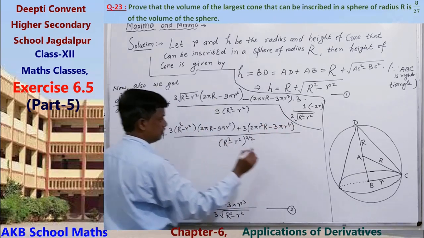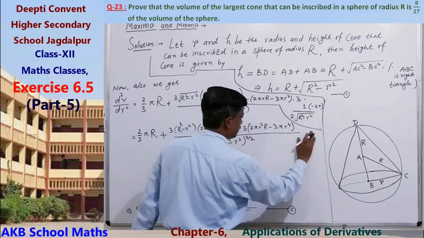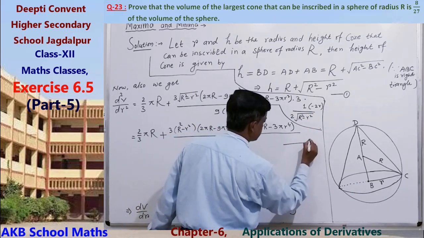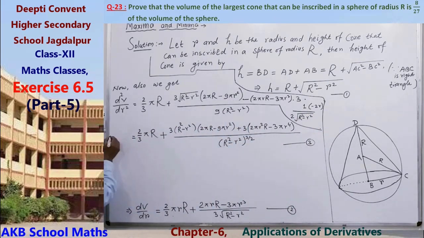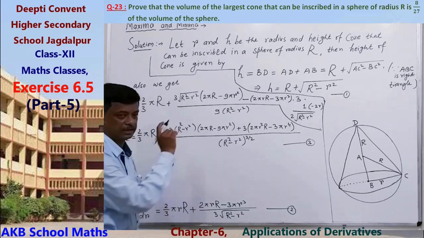This is the second derivative. Suppose this is equation 3. This is the second derivative, and this is the first derivative.